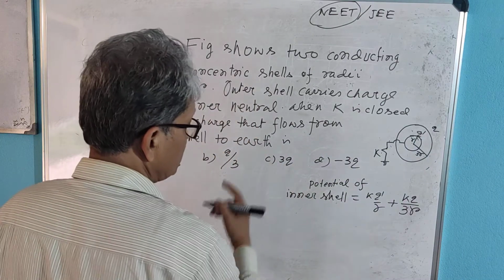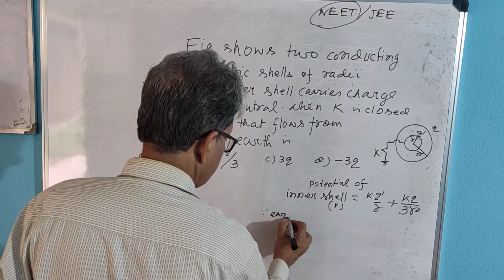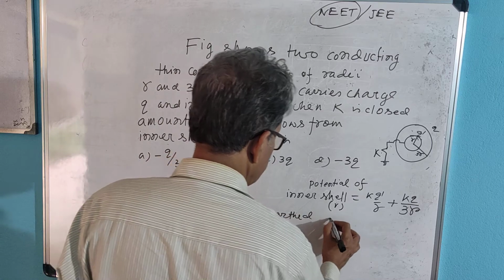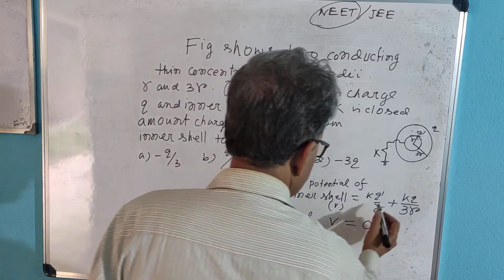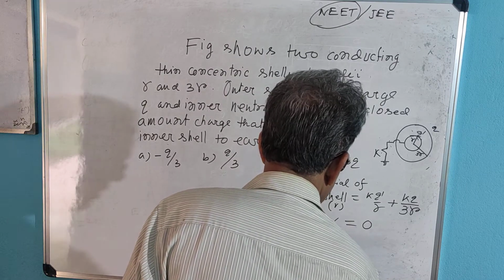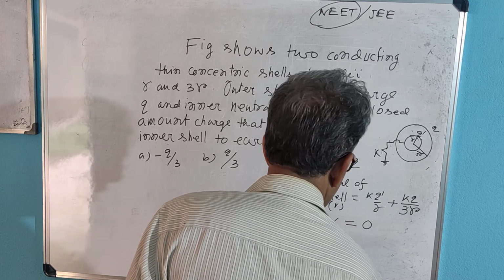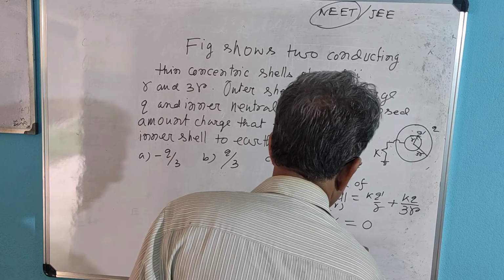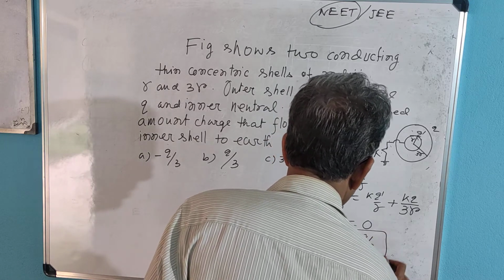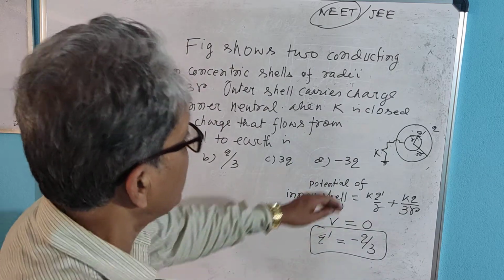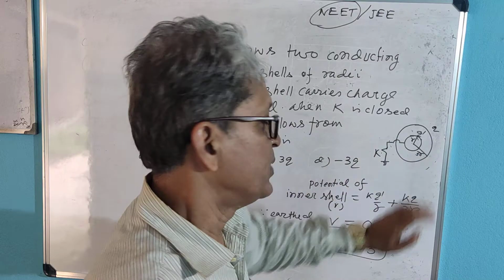But as it is earthed, this potential V is 0. So K Q dash by R plus KQ by 3R equals 0, giving Q dash equal to minus Q by 3. So after earthing, the charge on the inner shell will be minus Q by 3.